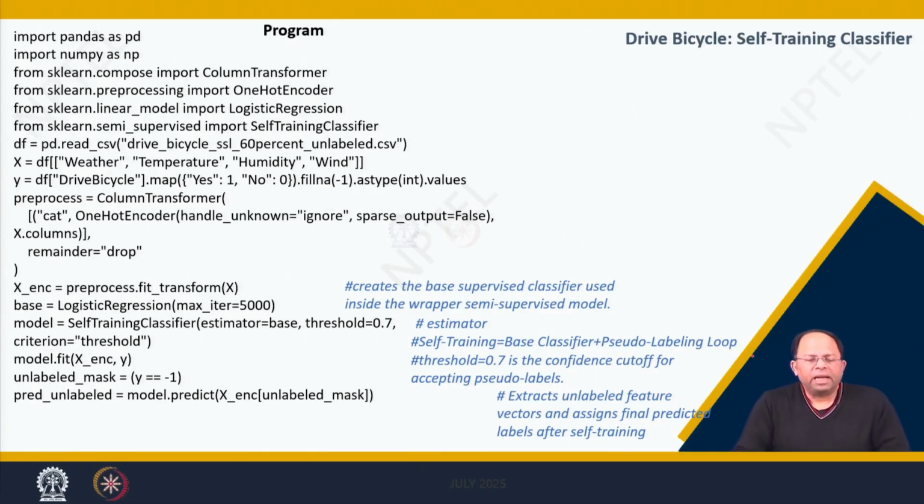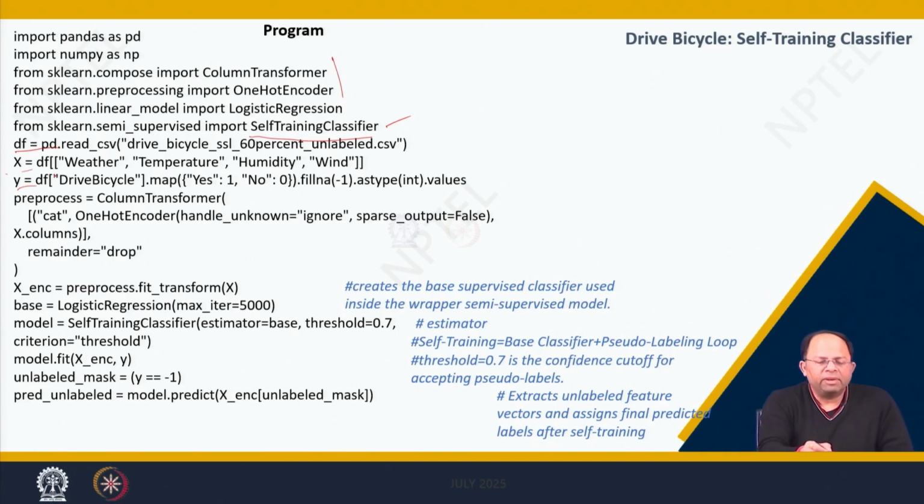Then finally we come to the self-training classifier. Again, the other code remains the same. In this one we are using the self-training classifier, and we are storing the data in this data frame.